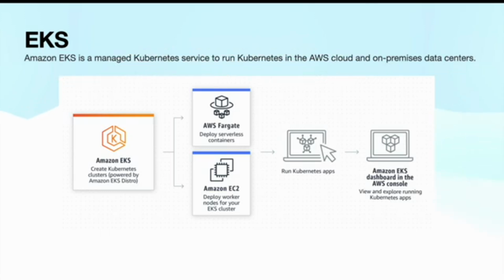So if we take EKS and ECS, both manage the control plane, and even though the ECS control plane is free, we can discuss a couple of advantages and disadvantages here.